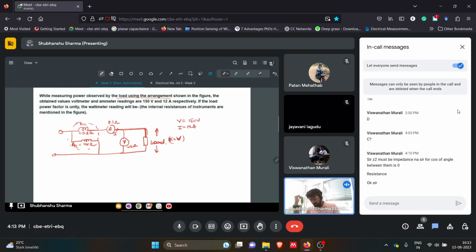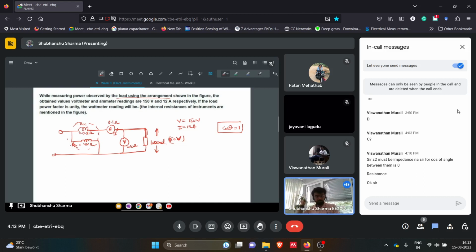If the load power factor is unity, so now cos theta equals 1, the wattmeter reading will be. When they say the load power factor is unity, you can consider that to be a resistance.